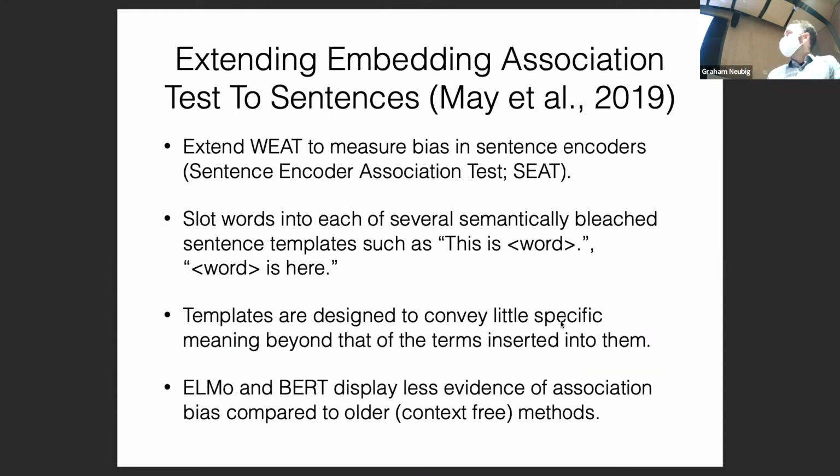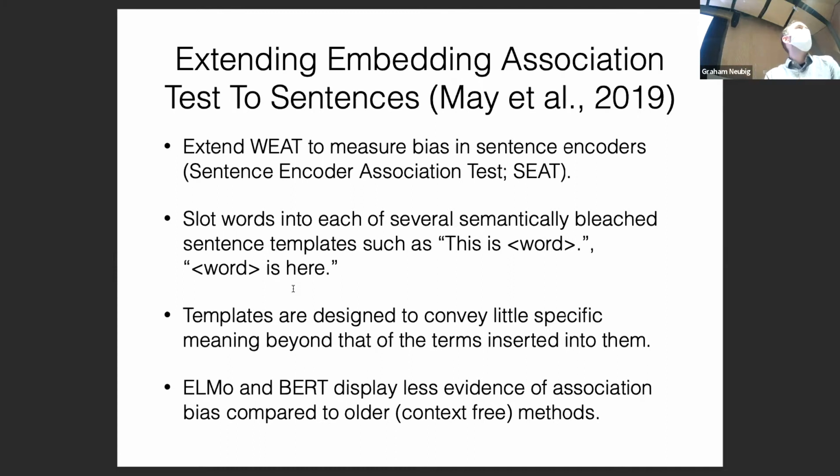And these can also be extended to sentences. So basically, right now we don't use static word embeddings as much anymore. We now use contextualized embeddings like ELMo or BERT or things like this. And a similar way you can do this is you can add a semantically bleached sentence, like "This is X" or "X is here". So this has no gendered information whatsoever.